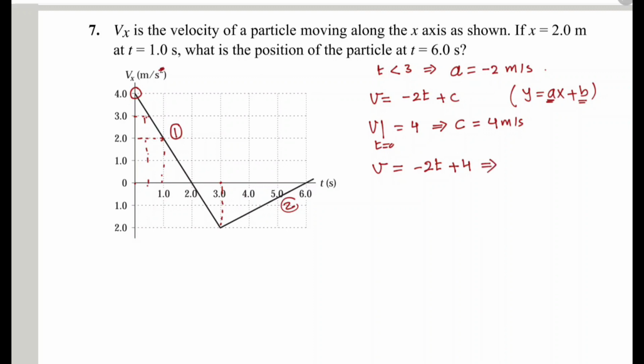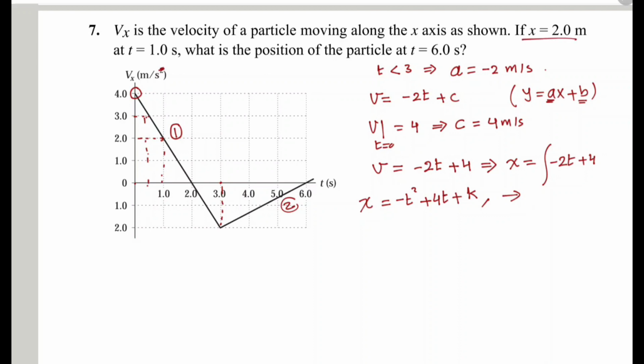Now to find the position, we have to integrate this v, and x in this case is equal to the integration of minus 2t plus 4. Now x after the integration is equal to minus t squared plus 4t plus some constant, let's name it k. Now to find k, let's use the condition here.